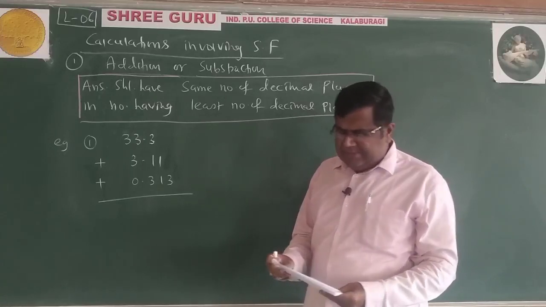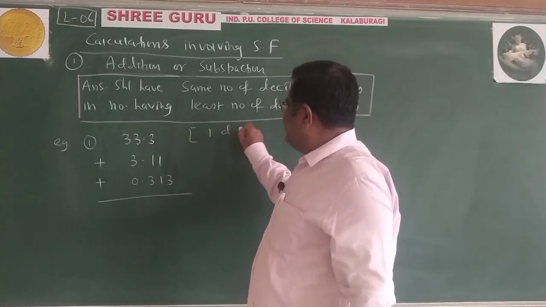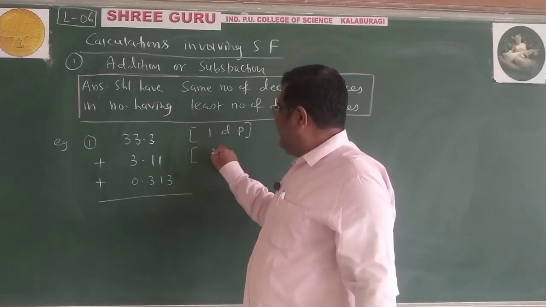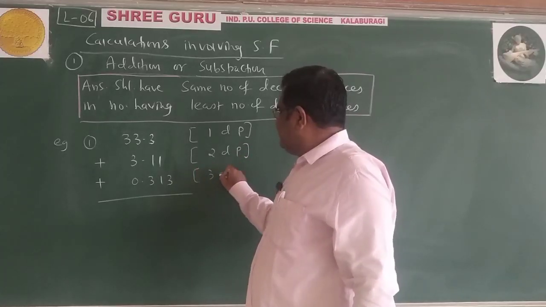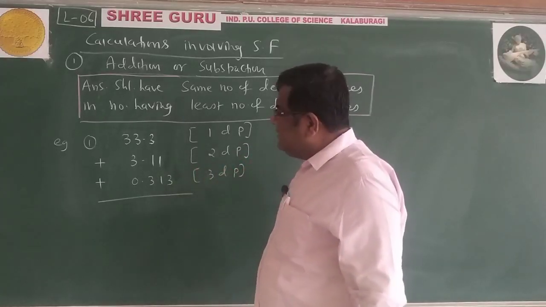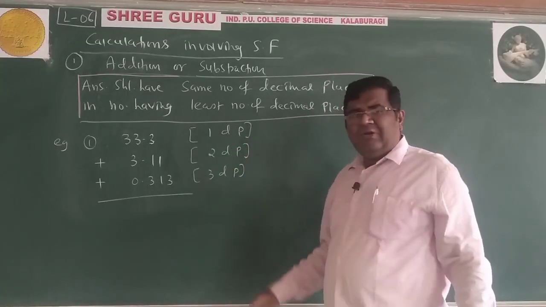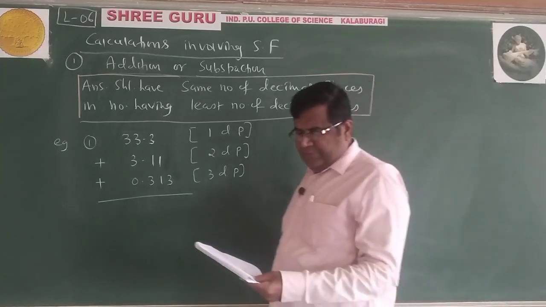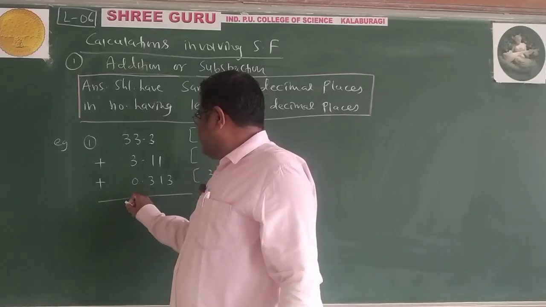The first has one decimal place, I write DP to mean decimal place. The second has two decimal places and the third has three decimal places. So we are adding numbers which have different numbers of decimal places. After addition we get 36.723.